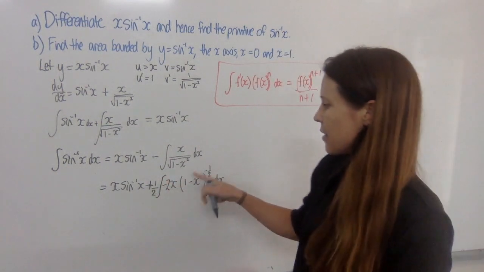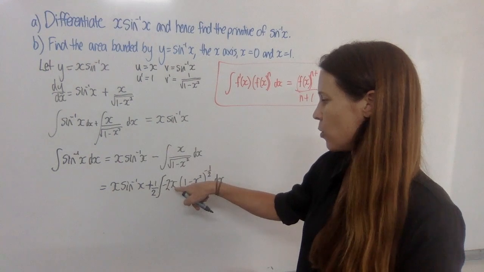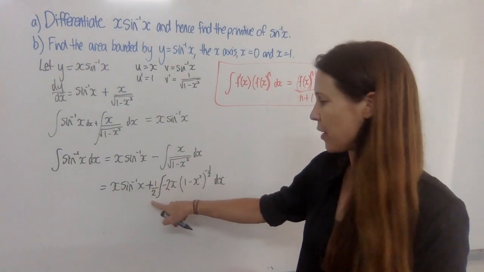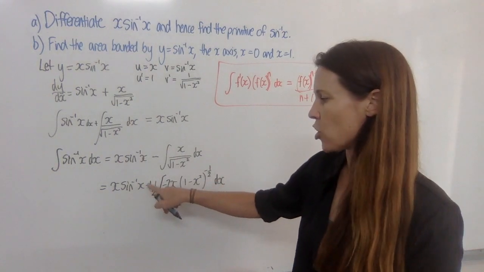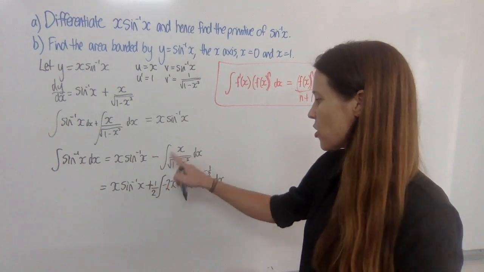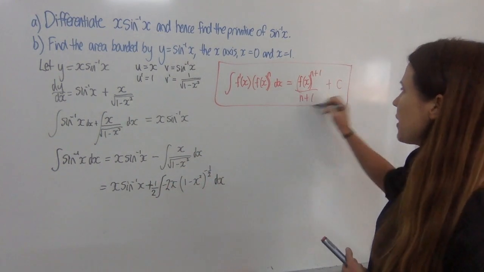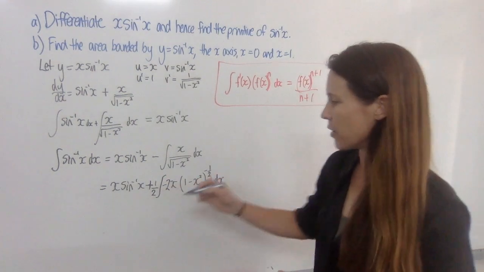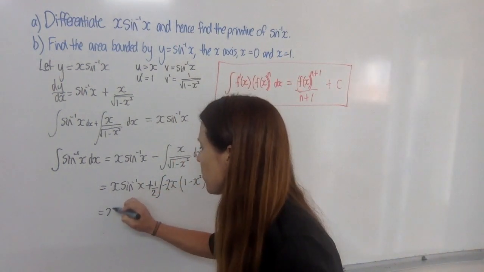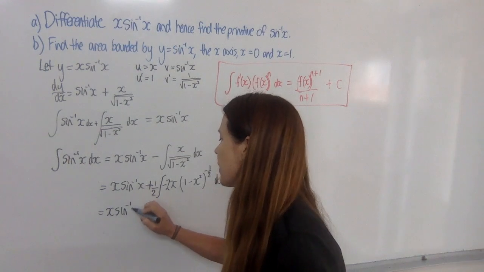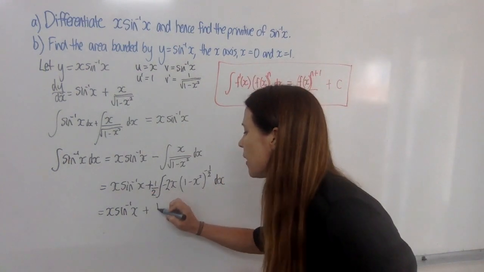So what I did is I multiplied this by -2, but I also put a half out the front, that'll cancel the 2, and I changed this sign. So I just adjusted this part to be a perfect question so that then I know what this integral is actually going to be. So the first part is still x inverse sine of x, plus a half, that has to come along for the ride.